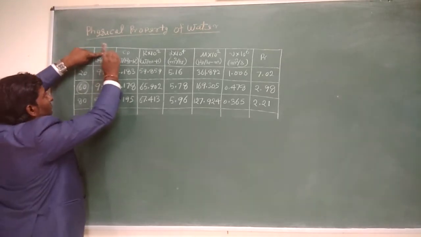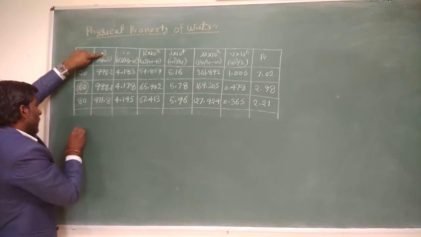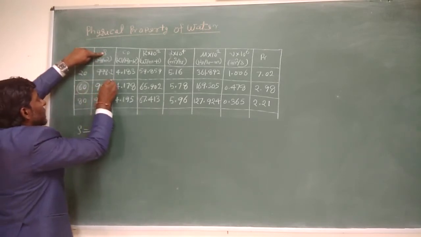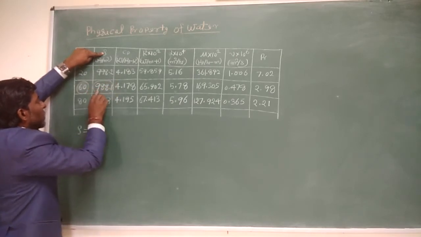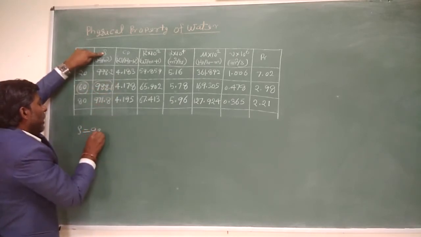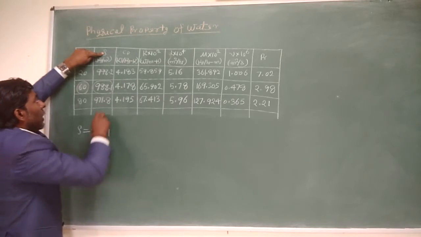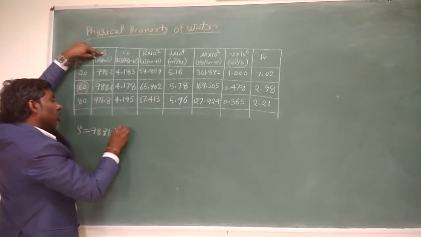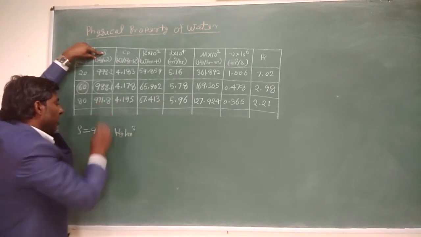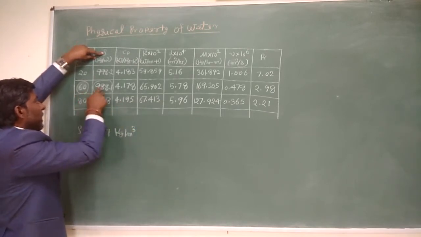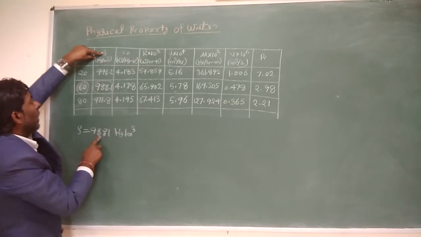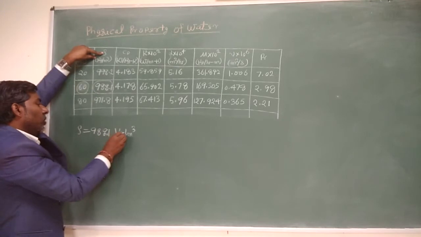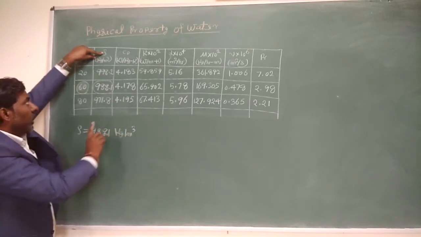Here they have not written anything, so rho is equal to this much, 988.1, and also see the unit, kilogram per meter cube. So the density of water at 60 degrees centigrade is 988.1 kilogram per meter cube. So one data you have got.